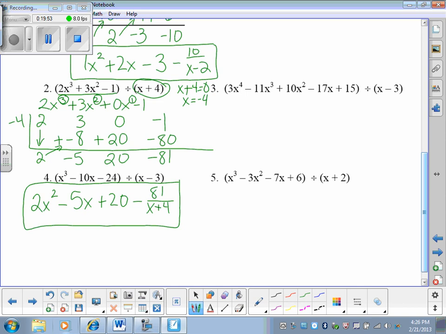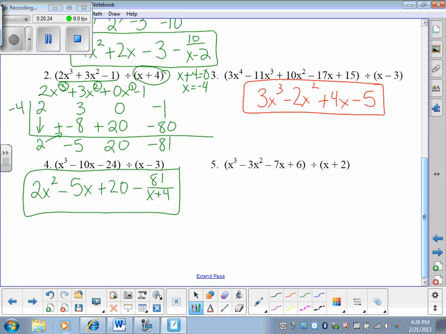For number 3, excuse me, you should have gotten 3x to the third minus 2x squared plus 4x minus 5. And that one actually goes in evenly, so no remainder on that. Okay.